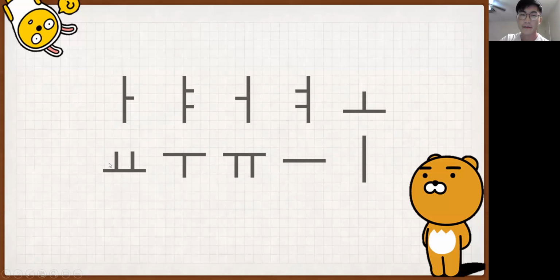All of them have a second line except for e, which is just tilted over. So a, ya, o, yo, o, yo, u, yu, eu, e.